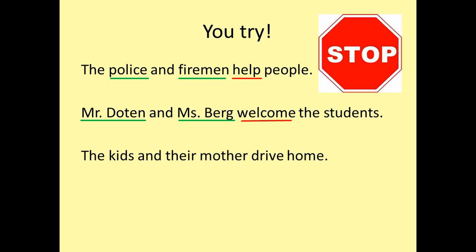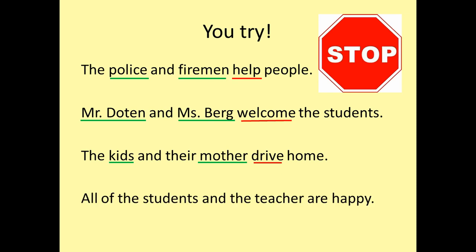Next one. The kids and their mother drive home. Who is the sentence about? There will be two. Kids and also mother. What do they both do? They're going to share the same main verb. Drive. Last one.